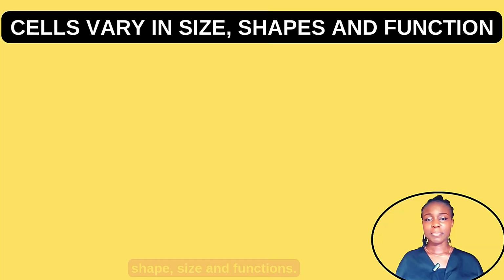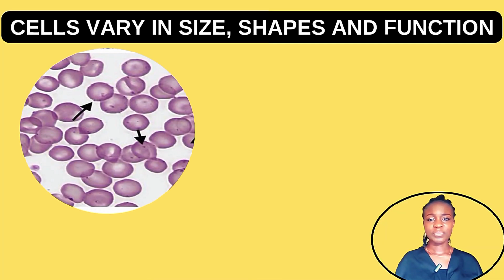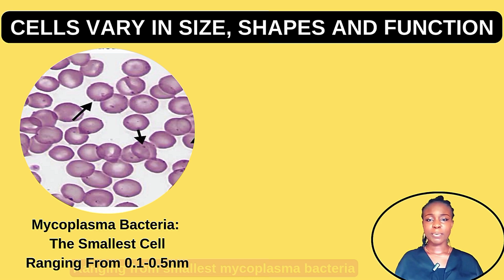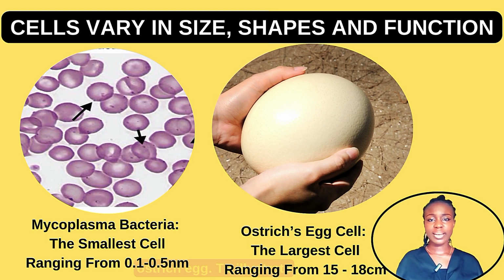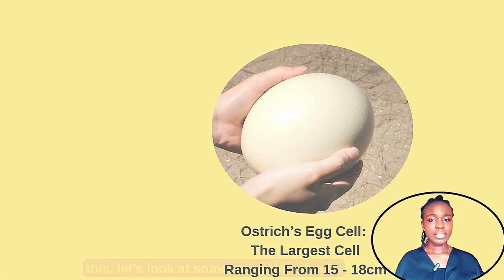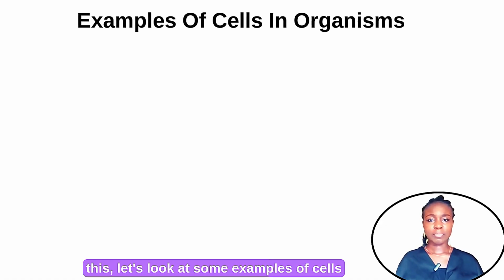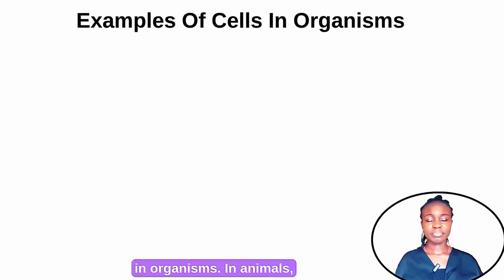Cells vary in shape, size, and functions, ranging from the smallest, Mycoplasma bacteria, to the largest, the cell of an ostrich egg. To illustrate this, let's look at some examples of cells in organisms.